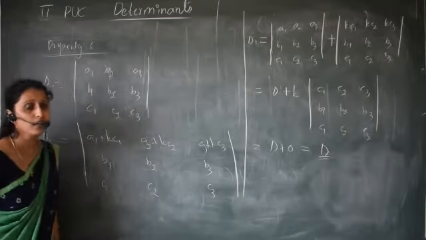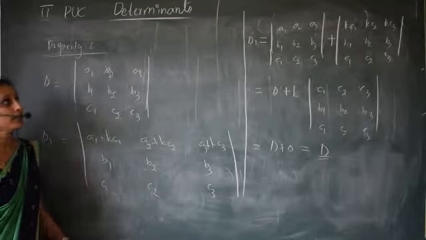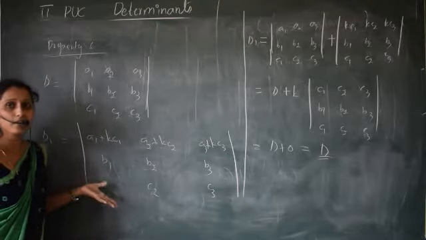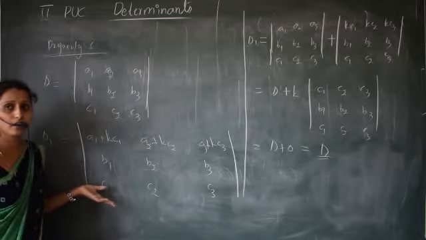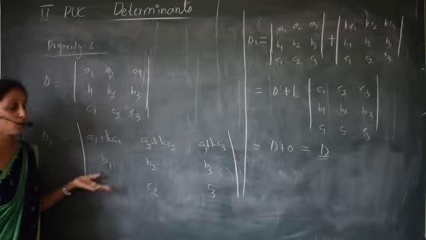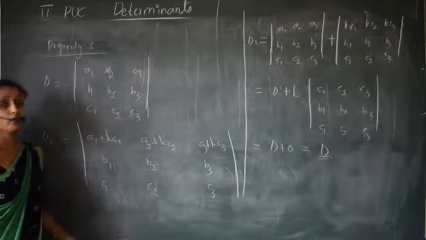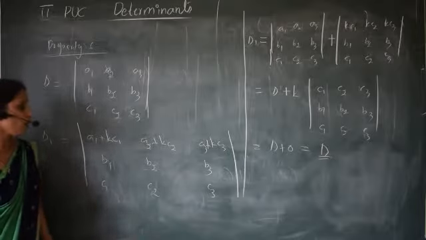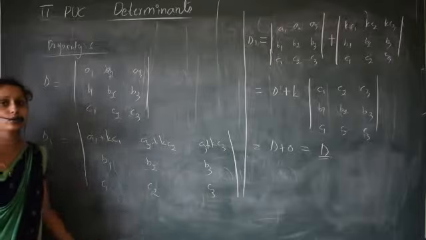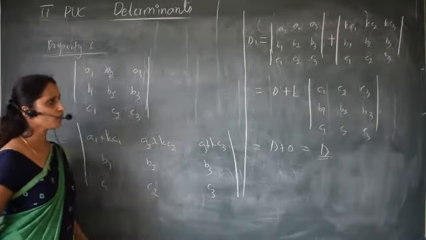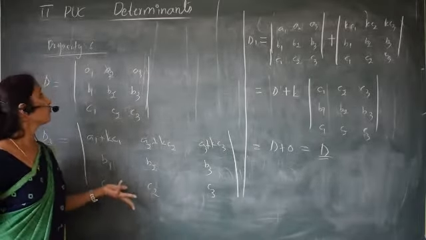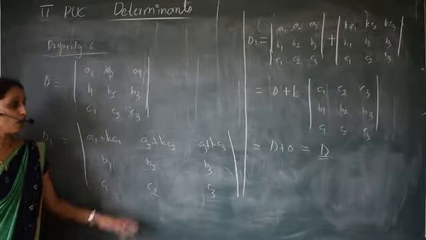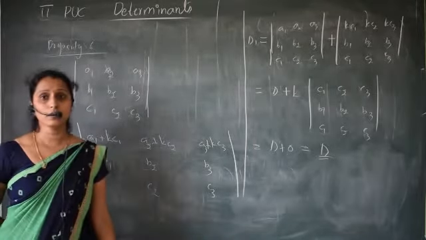The next one is we can multiply by any constant, that is Ci changes to k into Ci, or C1 changes to k into C1. That is one more operation we did in the matrix chapter. The same property we can use here to find the determinant. So this is property number 6. Now we have studied 6 properties.